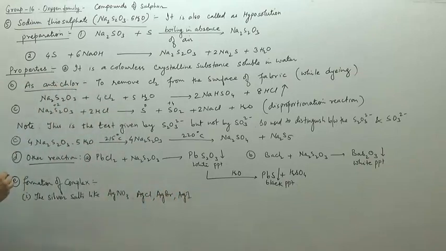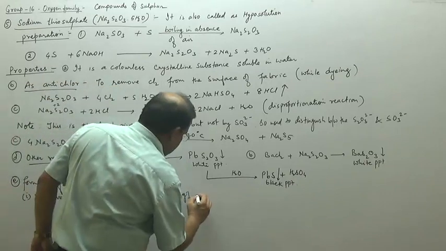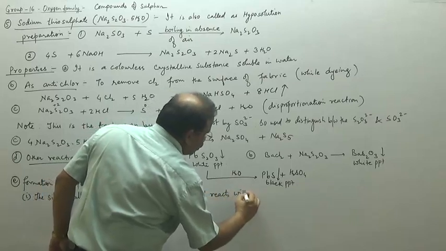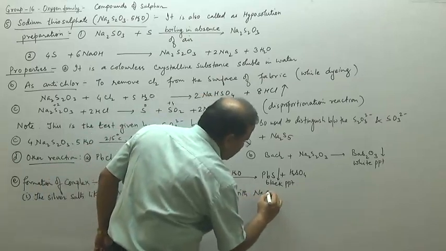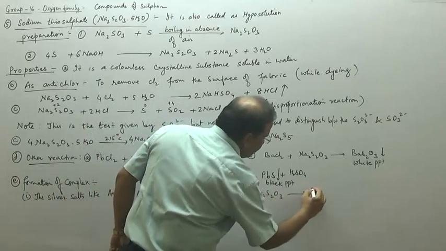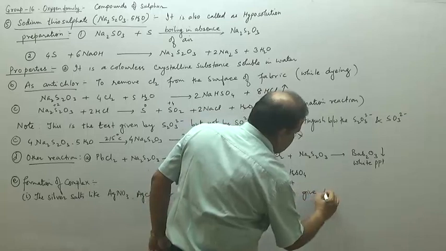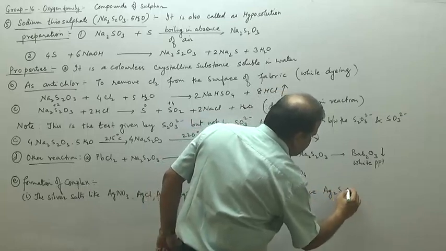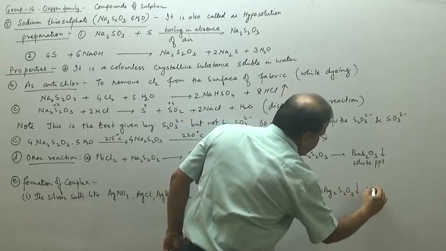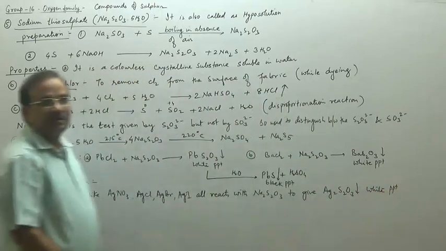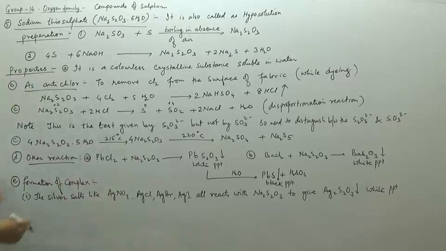All these silver salts, when they react with sodium thiosulfate, Na2S2O3, give a white precipitate of Ag2S2O3. So the white precipitate is formed in this case. That is the reaction.